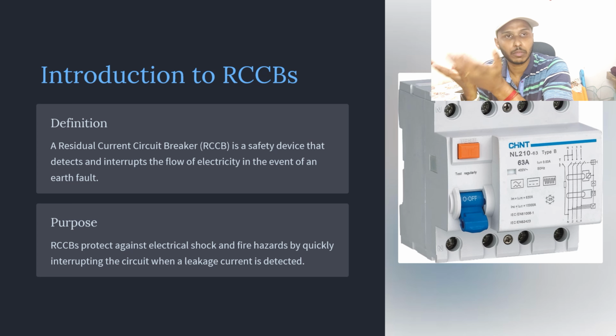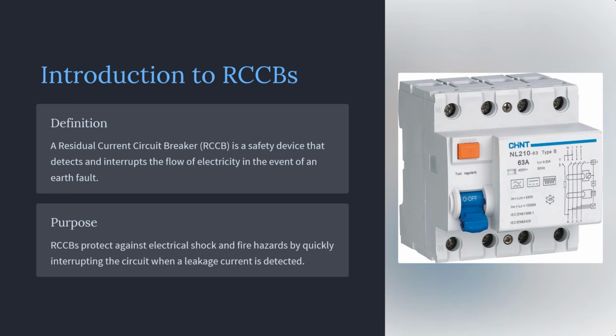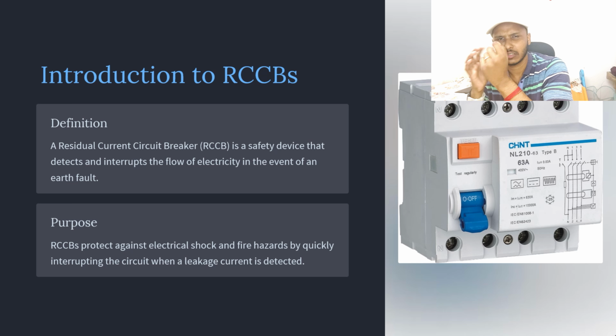So what is the purpose of RCCB? It is used to protect against electrical shock and fire hazards by quickly interrupting the circuit when a leakage current is detected. Just to explain in more detail how an RCCB works, which is simple: at the RCCB point, if the current coming in and the current leaving the RCCB are the same, then the system is healthy.